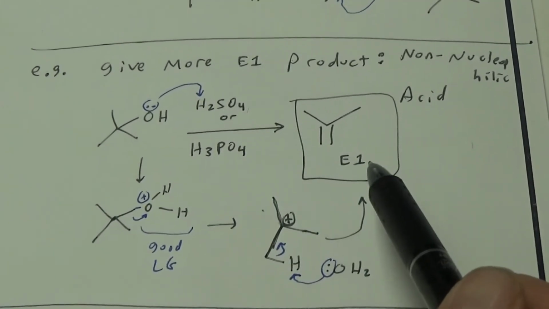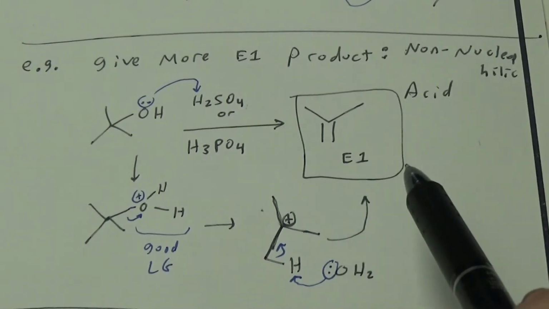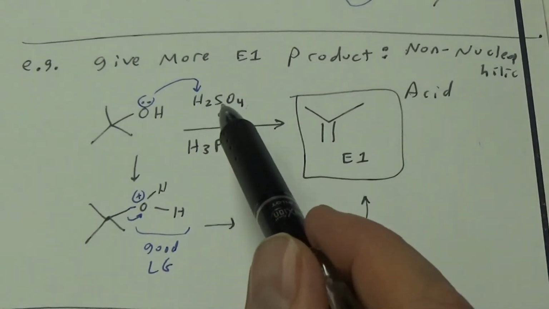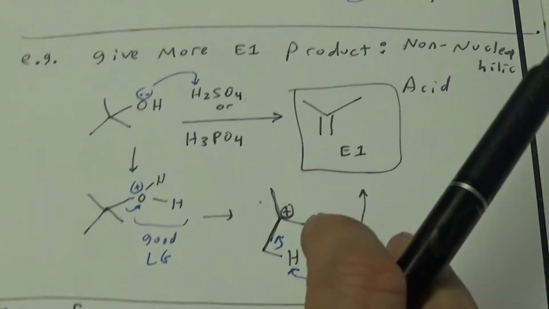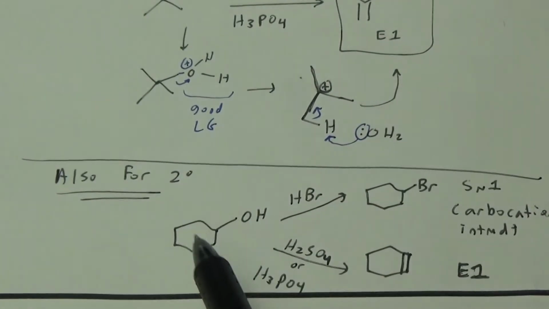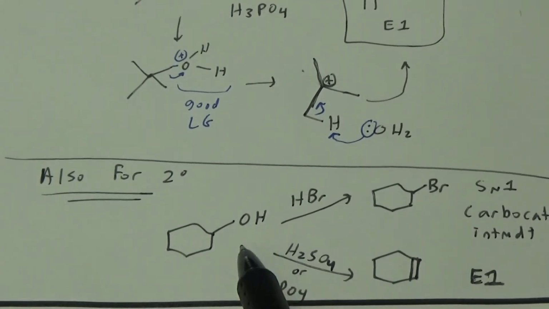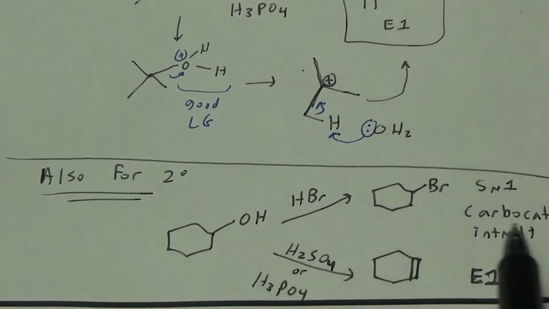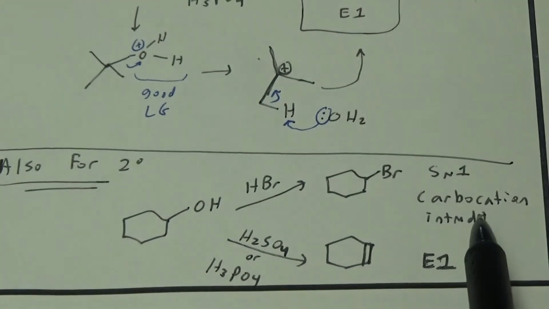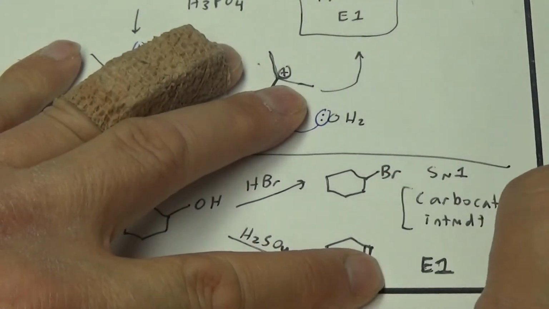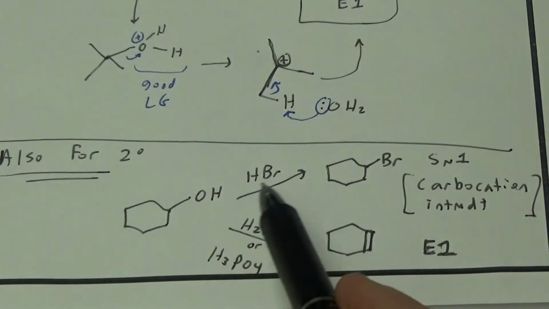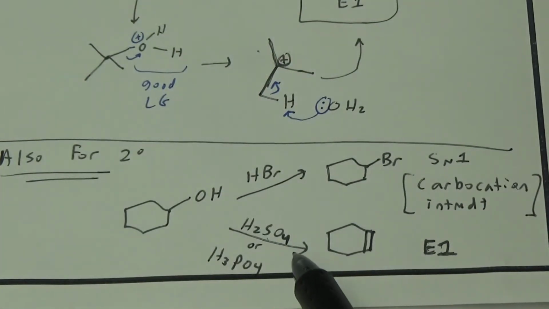We get E1 predominantly through alkene, and that's because the conjugate base of sulfate and phosphate is not a good nucleophile. And then we also showed that for secondary, it's also the same kind of SN1 thing. And both of these are through a carbocation intermediate. You could draw the mechanisms for both of these. It should be pretty easy for you. Okay.